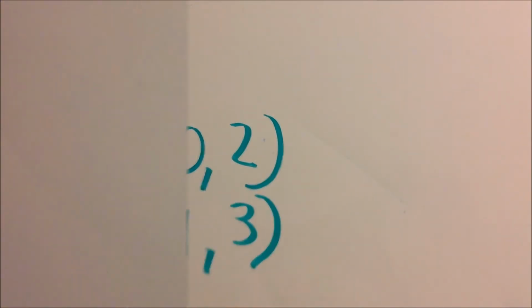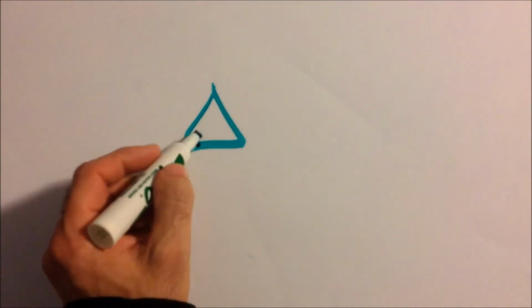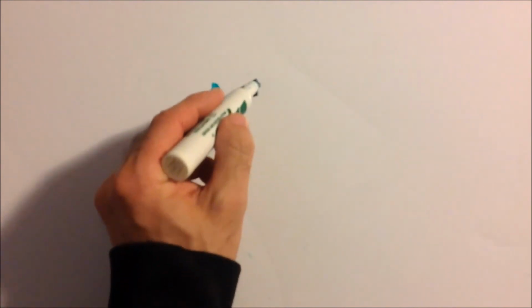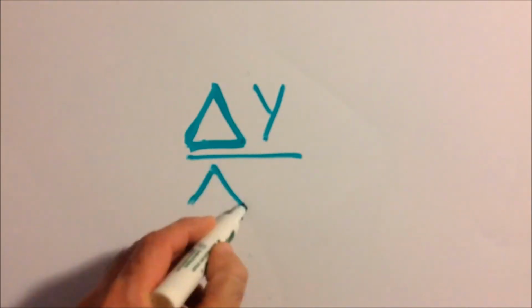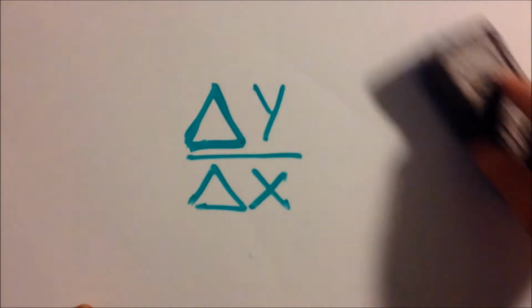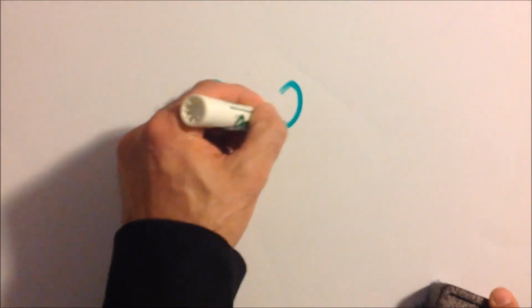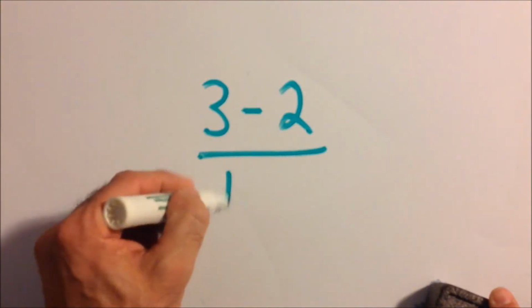Right. Now what do we do from there? So we have our change, and we use the delta sign, the Greek letter delta, the change in y over the change in x. That's what we're trying to find out. And basically, we're doing 3 minus 2 and 1 minus 0.